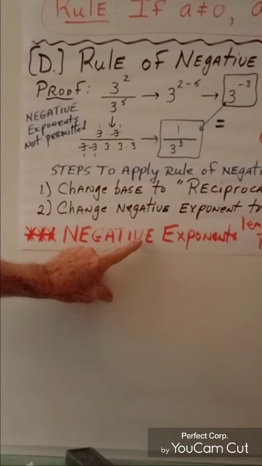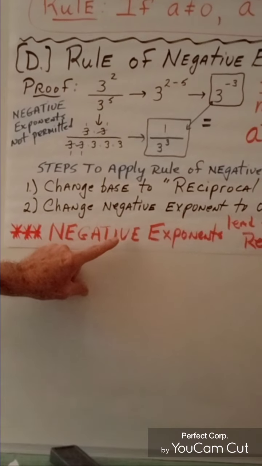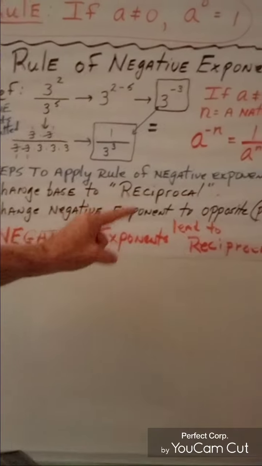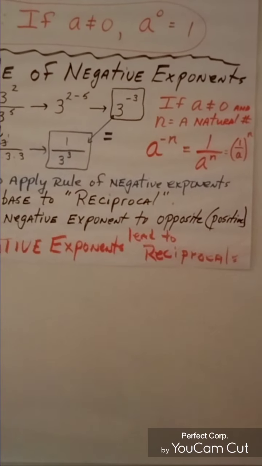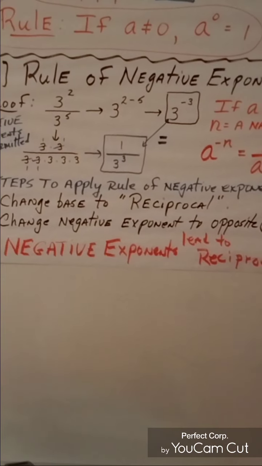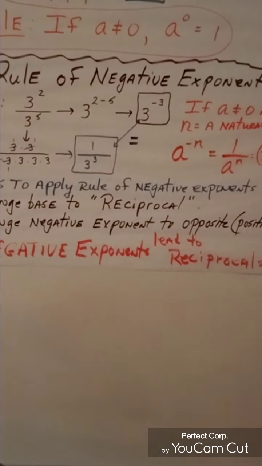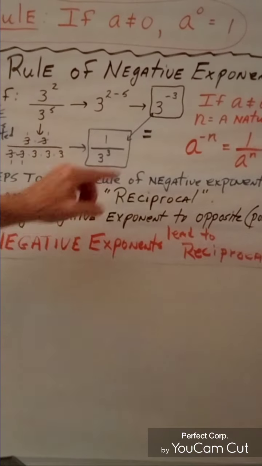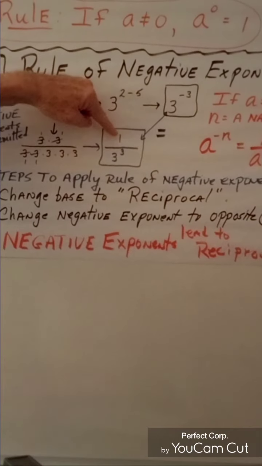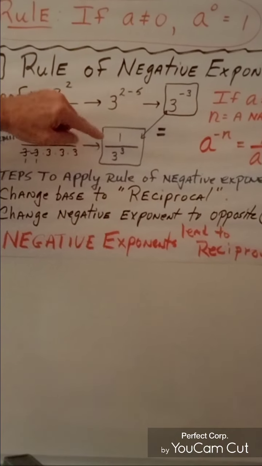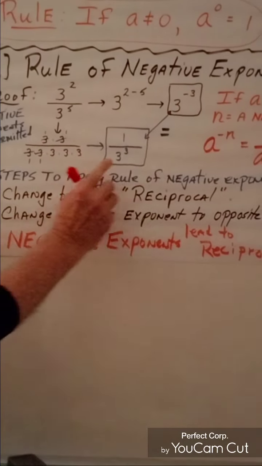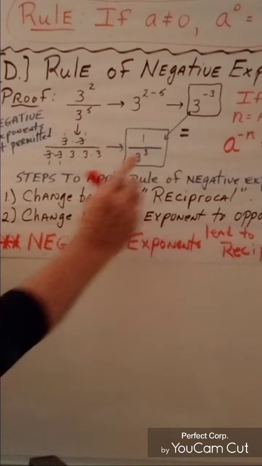Let me share a parting comment, a truth, before we look at some examples. Negative exponents lead to reciprocals. Where does it begin? You take the base, you change it to its reciprocal. That then gives you the authority to change that negative exponent to its opposite, positive 3.